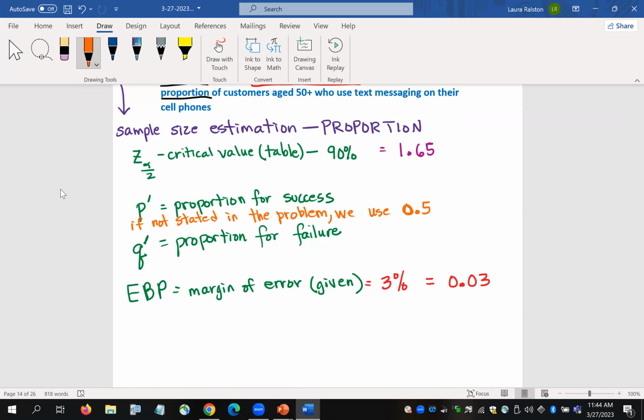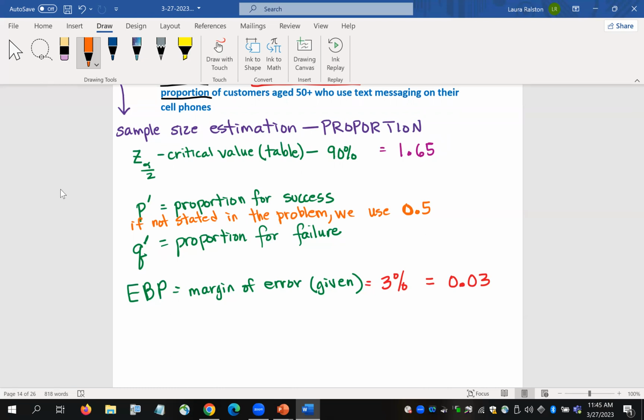We default to the fact that it could be 50% because there's 2 options. They either use it for texting or they don't. So I have a 50-50 chance that they do.